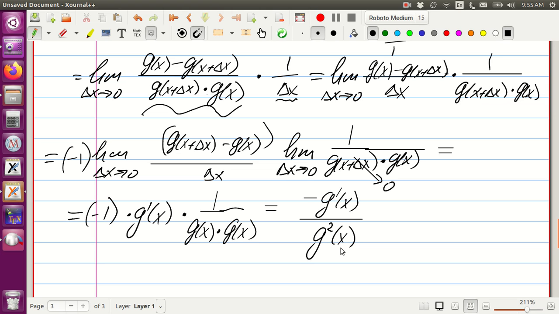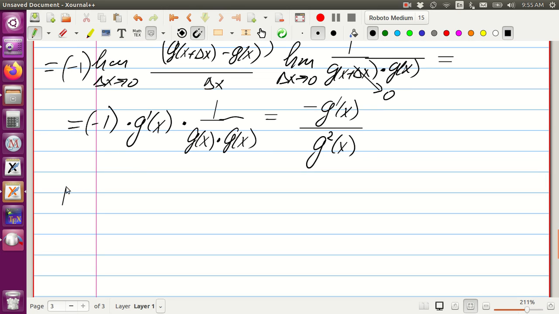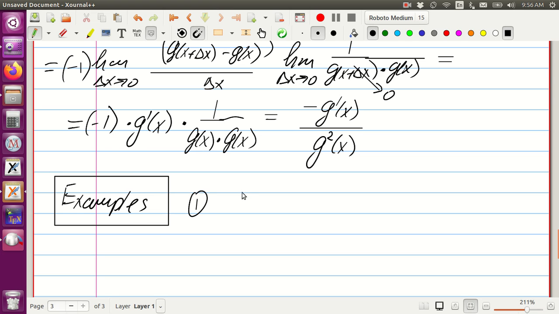All right, so since we proved this rule, can we apply this rule to some examples? So the first example we're going to do is our famous 1 over x. So let's try to apply this to this function that we actually know the answer for, but we'll do it in a different way.